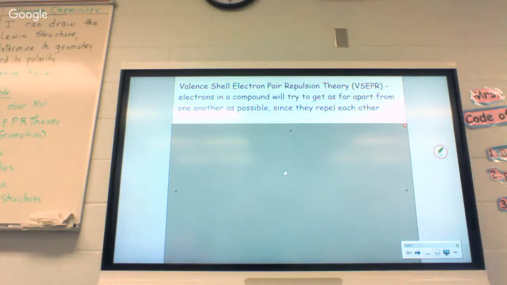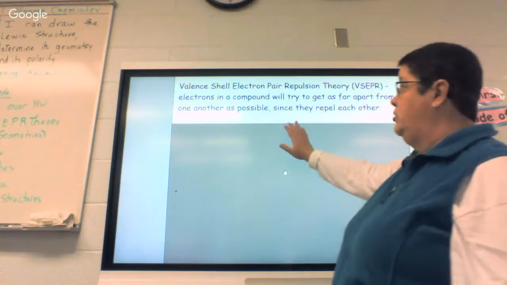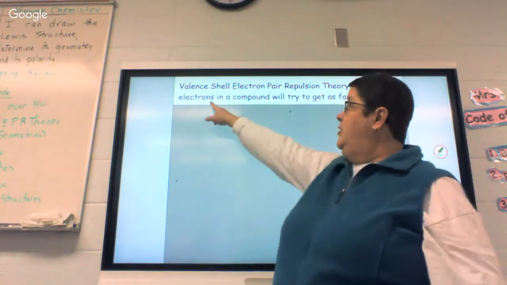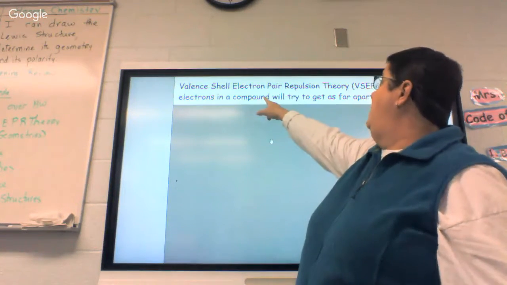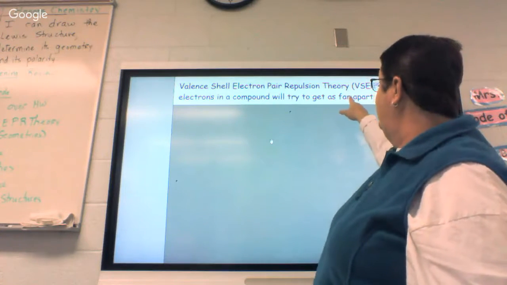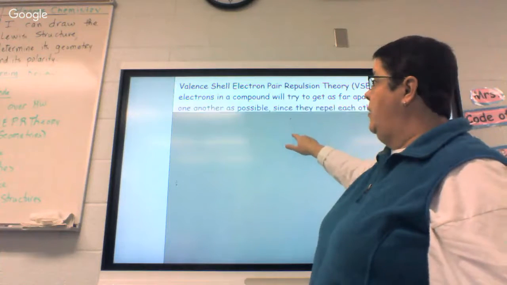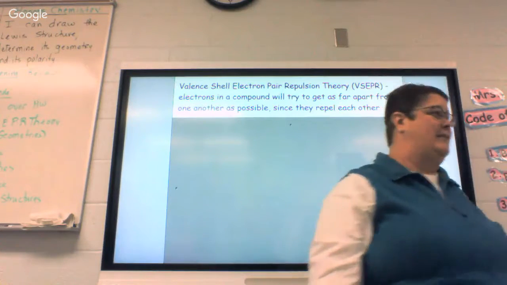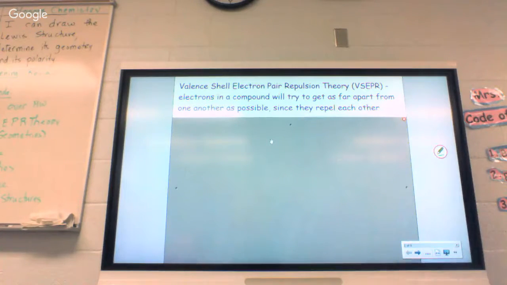So, electrons have what charge? They're negative, right? So in a compound, since they're negative, they will try to get as far apart from each other as possible, since they repel each other. They don't like each other. If I'm negative and Emma's negative and we're both electrons, we don't like each other.